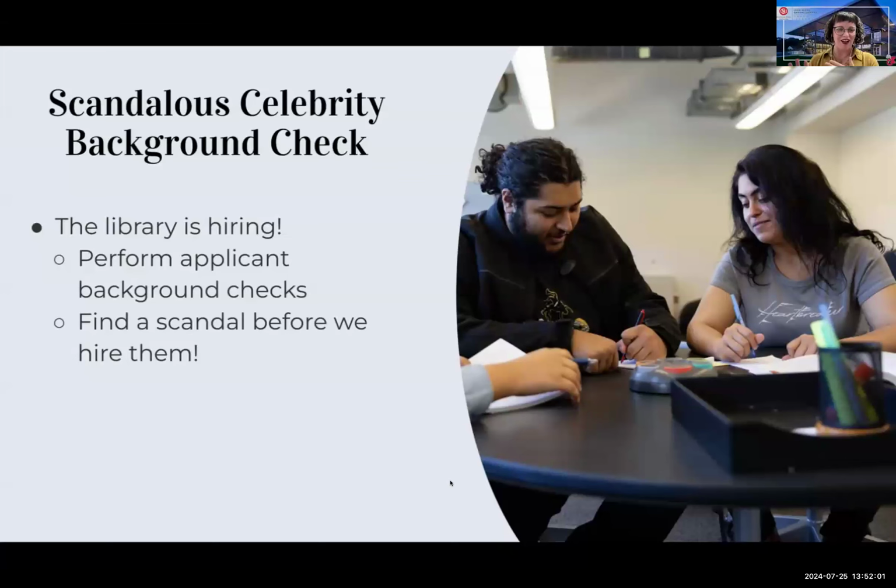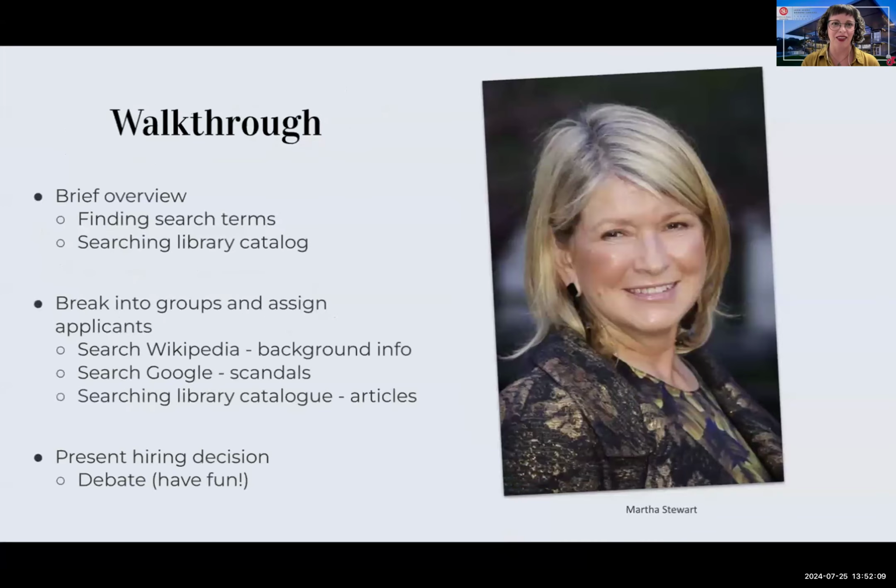There we go. So the students need to do a background check on the applicants and find out if there is a scandal connected to them that might embarrass us. A walkthrough of this lesson: we start the class off with a brief overview of how to find search terms and how to search in the library catalog. Then the class is broken up into groups and each group is assigned an applicant.